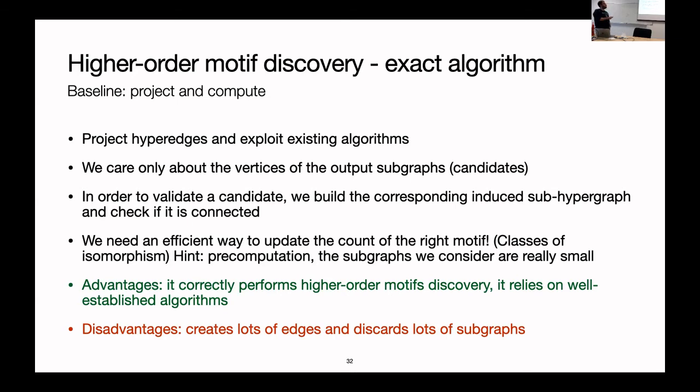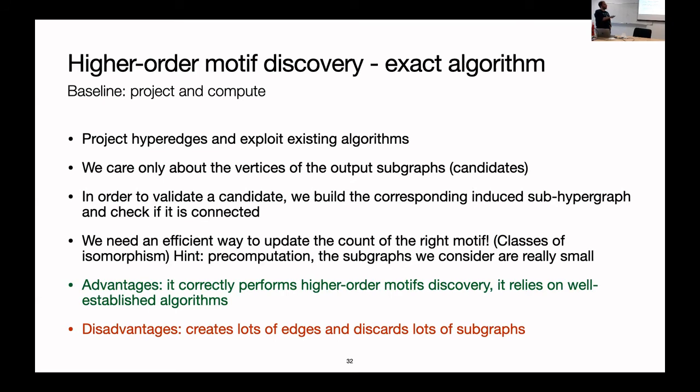So what are the advantages of this method? It correctly performs higher order motif analysis, and it relies on well-established algorithms, so we are sure that things are correct. The disadvantage is that it creates a lot of edges and discards a lot of subgraphs, so it's a really slow algorithm.